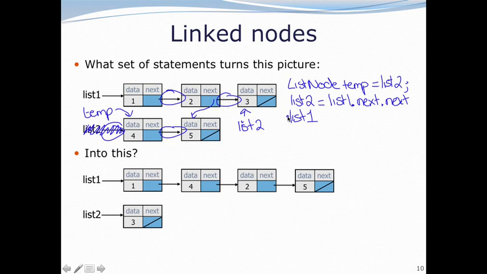So what I want to do there is copy the reference that brings me from the 4 to the 5 into this .next field here. So that means I want list1.next, which is this box, to be equal to temp.next.